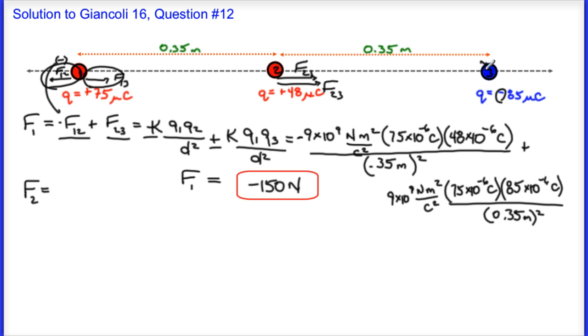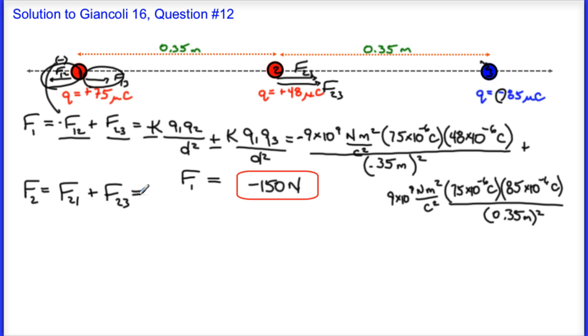So those are both going to be positive terms. That becomes F21 plus F23.